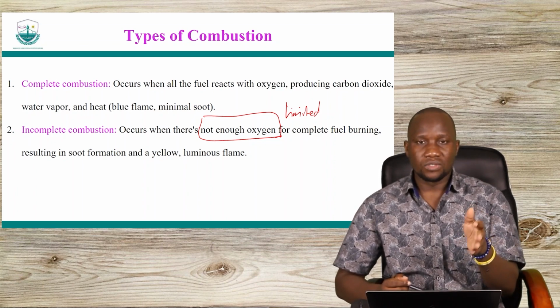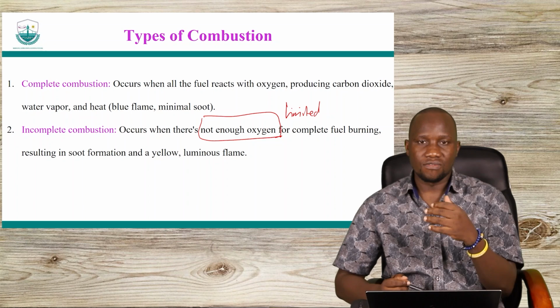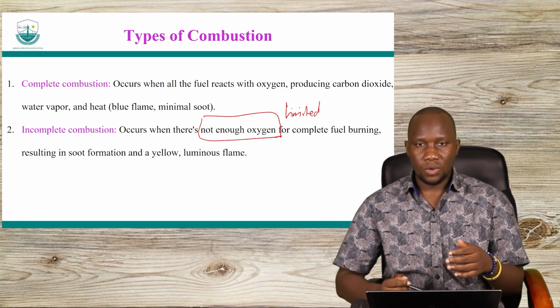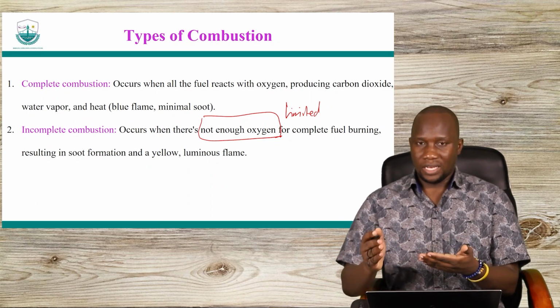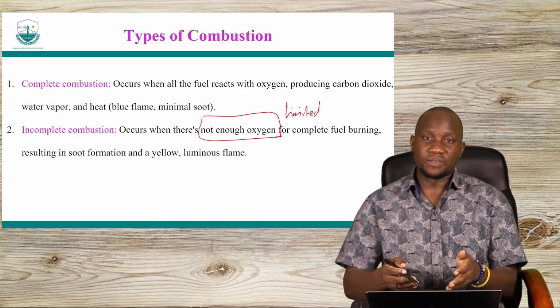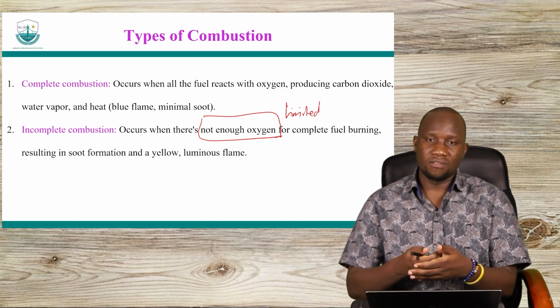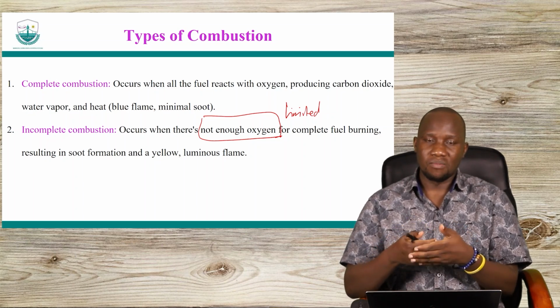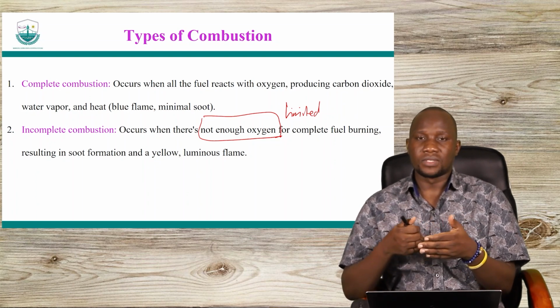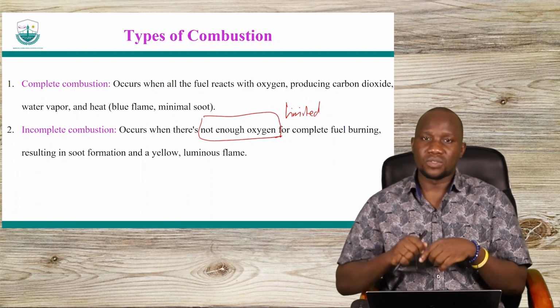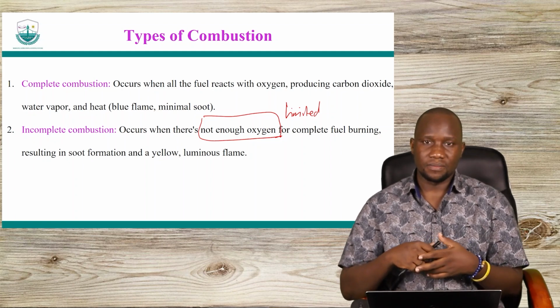Okay? The products that you produce are different. For example, most of the fires involve carbon burning. We get carbon dioxide when we have plenty of oxygen. If we have carbon burning, you're going to have carbon monoxide if the oxygen is in limited supply.